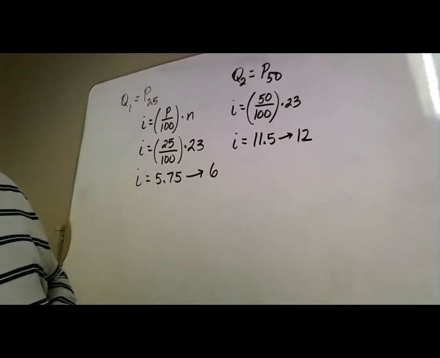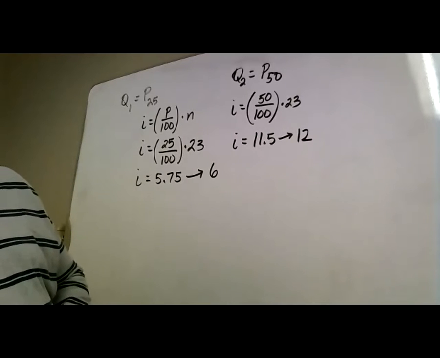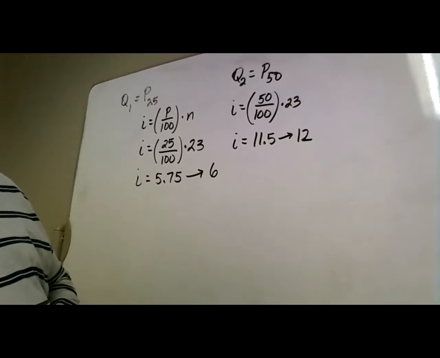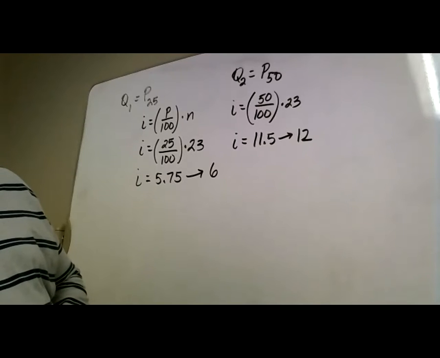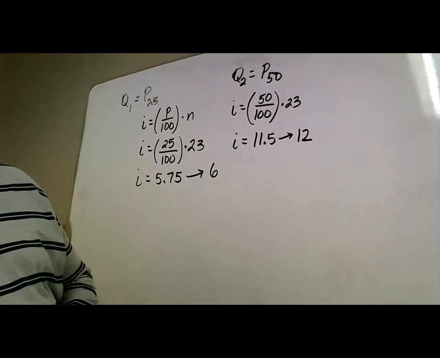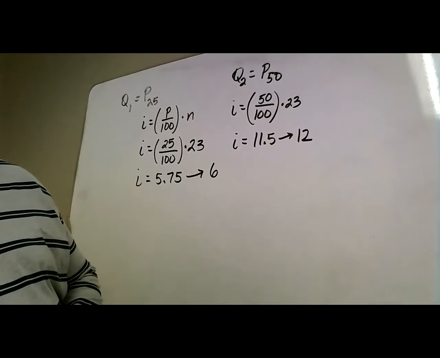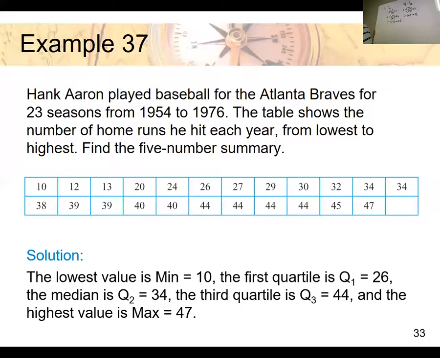So the 12th number ends up being 34. Okay. So that 12th number is 34, because you have to count 6, 8, 10, 12. That's the 12th number, 34.